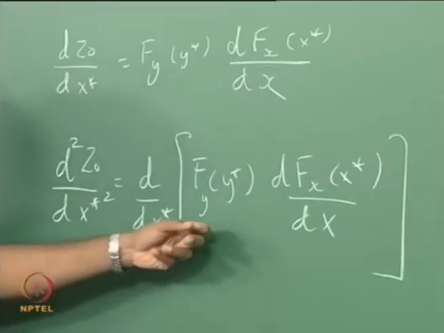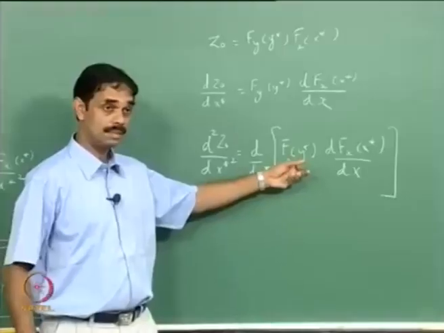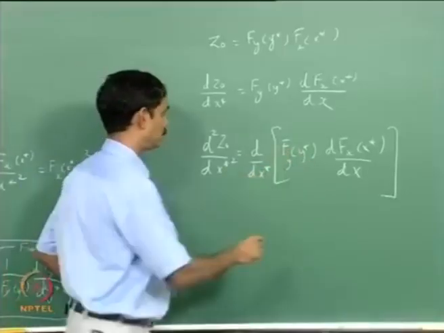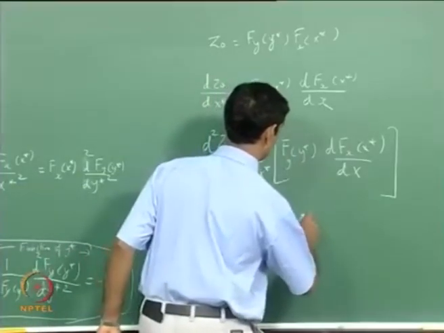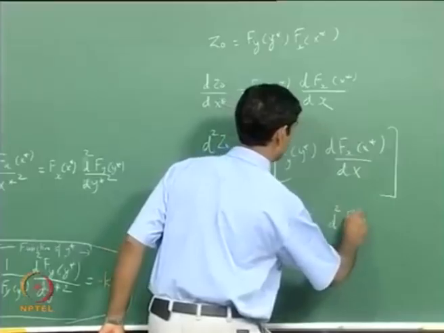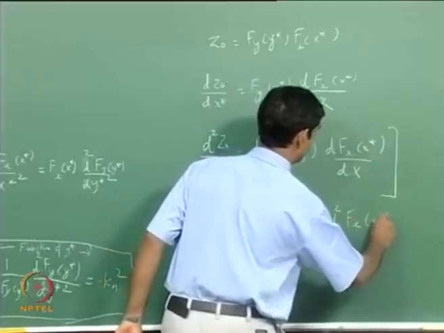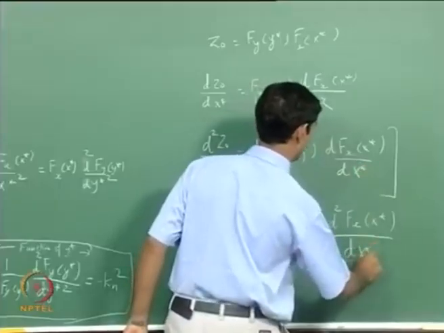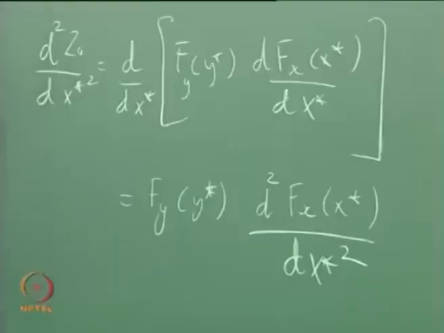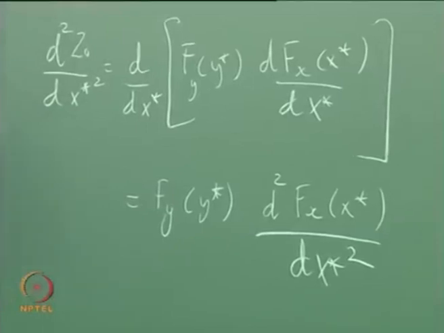So as far as differentiation with x is concerned, this is a constant, so it just comes out. This is equal to Fy of y star d squared Fx of x star over dx star squared. So I hope it is clear.